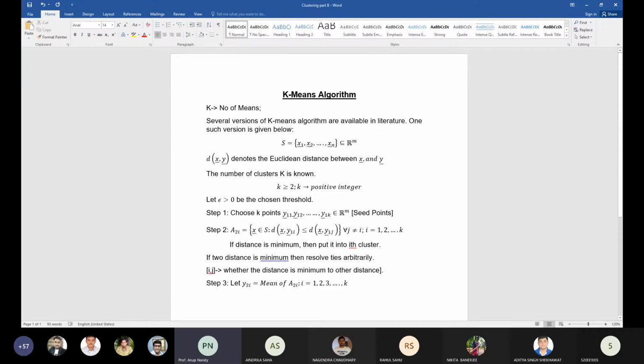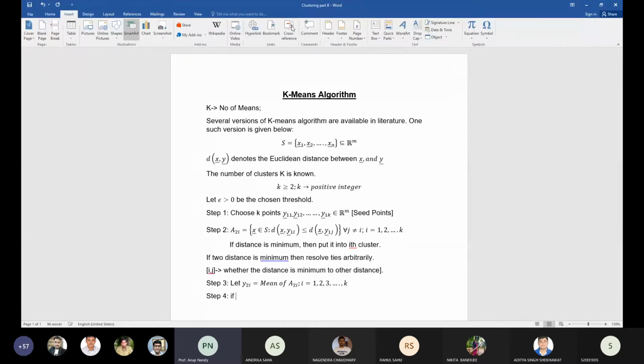This is step number 3. Now step number 4. You have to compute the difference between the two sets of means.